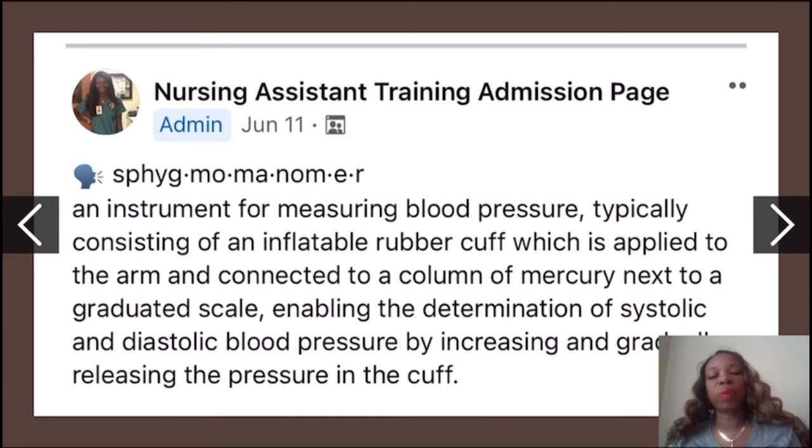An instrument for measuring the blood pressure, typically consisting of an inflatable rubber cuff which is applied to the arm and connected to a column of mercury next to a graduated scale. It's enabling the determination of the systolic and the diastolic blood pressure by increasing and gradually releasing the pressure in the cuff. Sphygmomanometer.